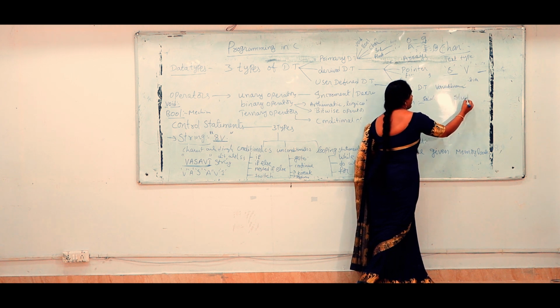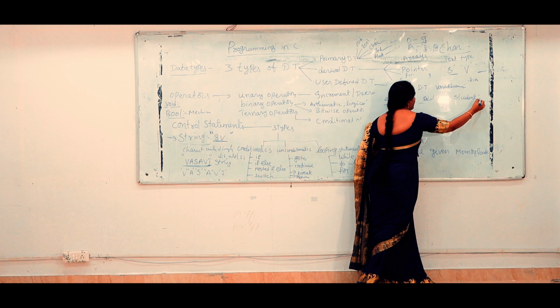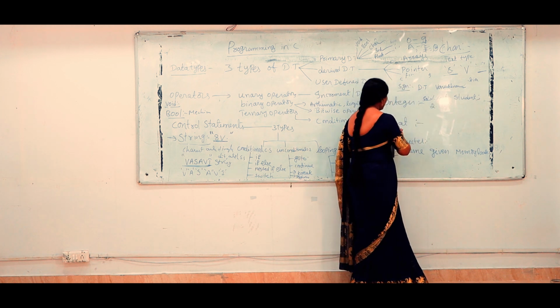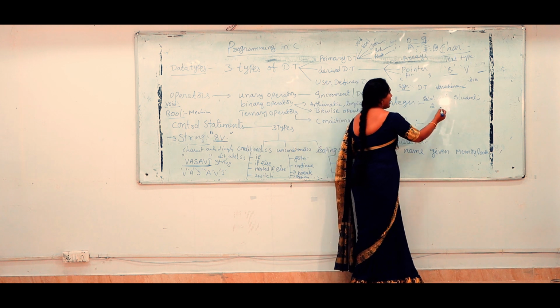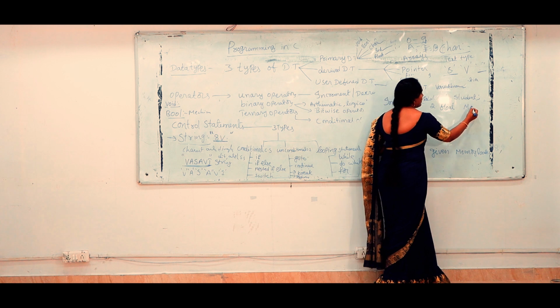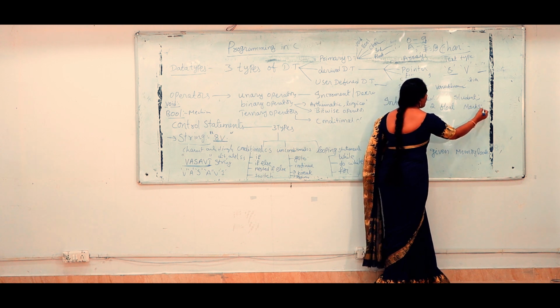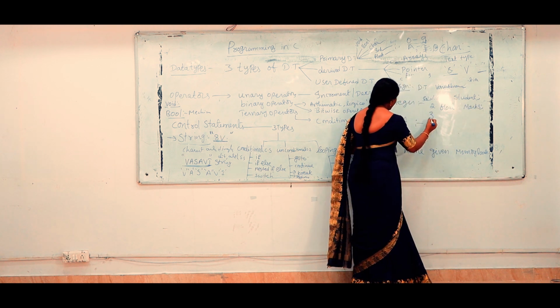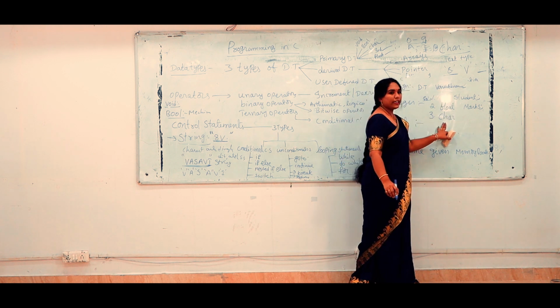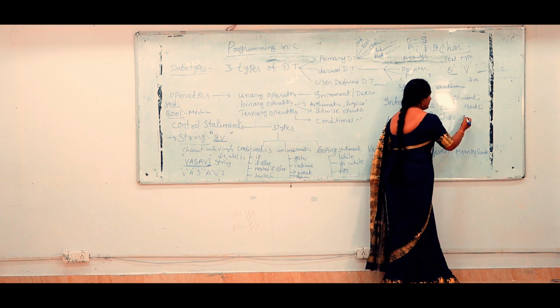Now I am giving the variable name student. Semicolon. The second example uses the float data type: float marks. Marks is the variable name. The third one is character. For character we use the keyword char, and then name.